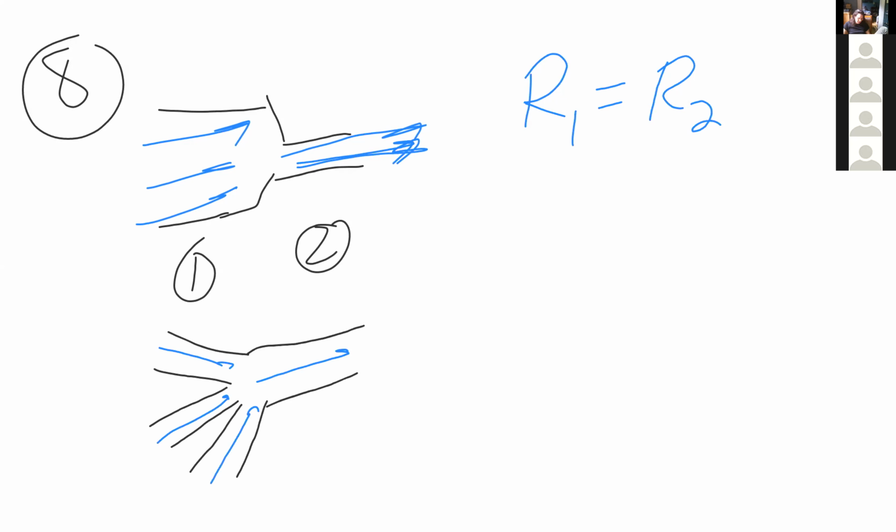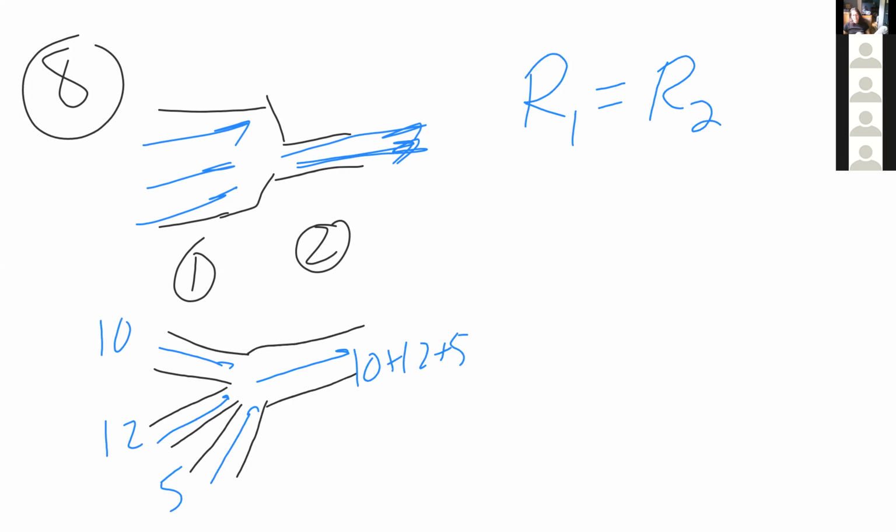So if it's 10 liters per minute and 12 liters per minute and 5 liters per minute, then the rate through here has to just be 10 plus 12 plus 5. That's it. You just calculate your flow rate. It'll be the same units in and out. You don't even need to worry about units for part A.